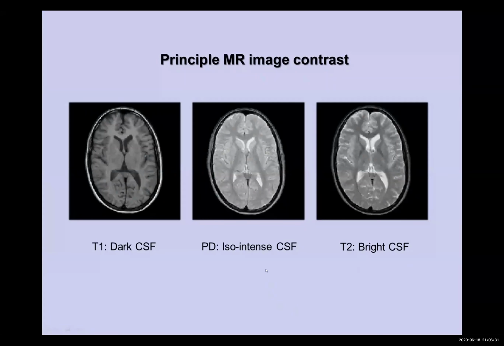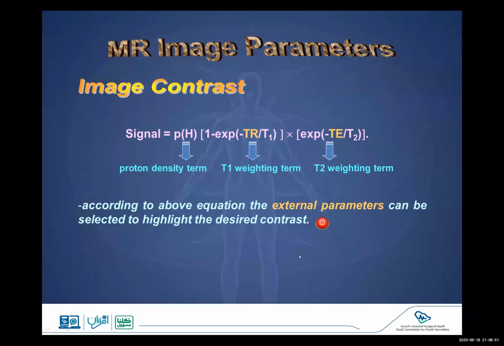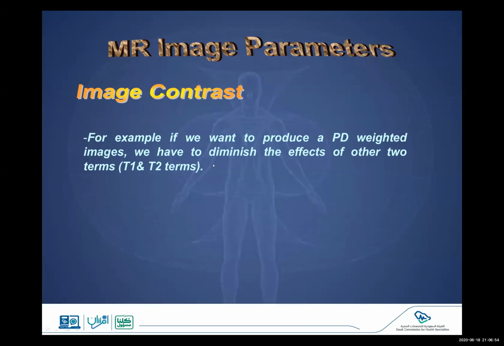So usually the contrast of our MR images will depend on your TE and TR. It can be T1 where a fluid is dark, or T2 where a fluid is bright, or proton density where a fluid like CSF is iso-intense. For example, if we want to produce a proton density weighted image, we have to diminish the effect of the other two factors.